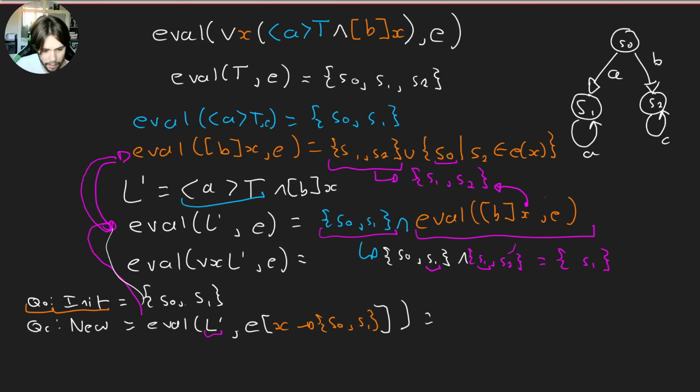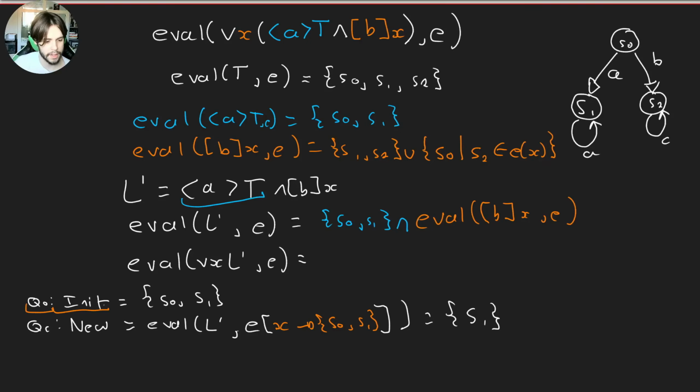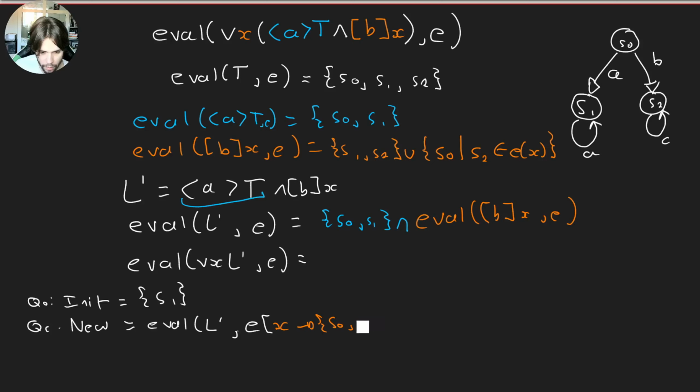And now we go back down to our eval step, so the return of this is S1. But we must keep going because our initial value is still not the same as our new value. So what I'm going to do is change our initial value to be our new value, S1. And now I'm going to change our map once again to only include S1.